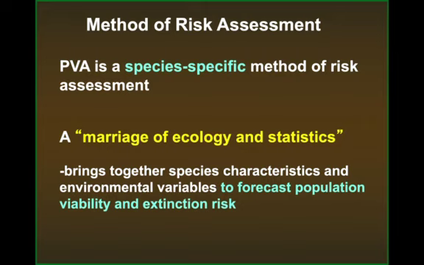It definitely has a statistical component, but it's founded in the ecological realities of the population or species of interest. And you can think of it as bringing together species characteristics and environmental variables to forecast population viability, and the risk that a population or a species will go extinct.